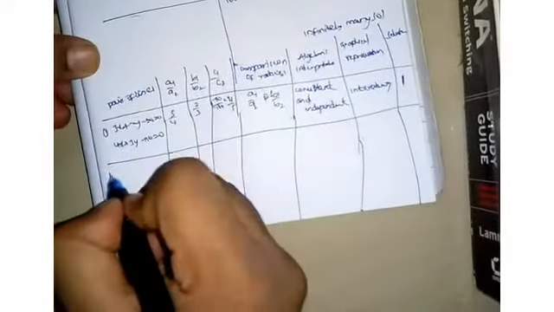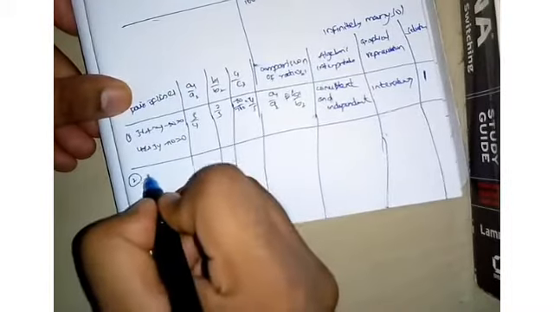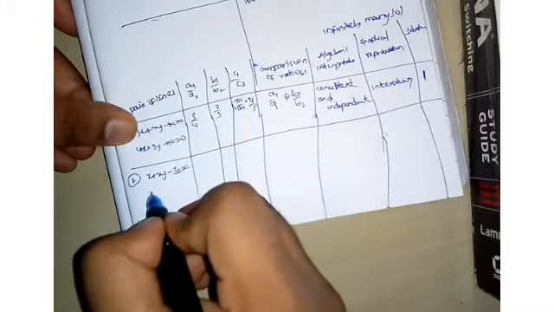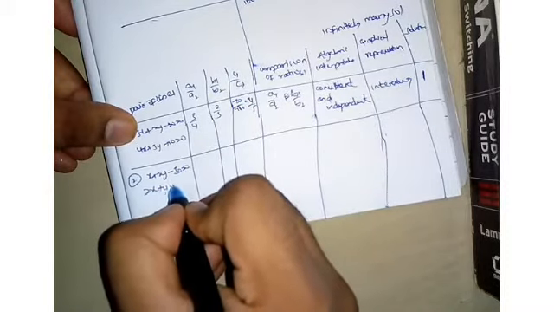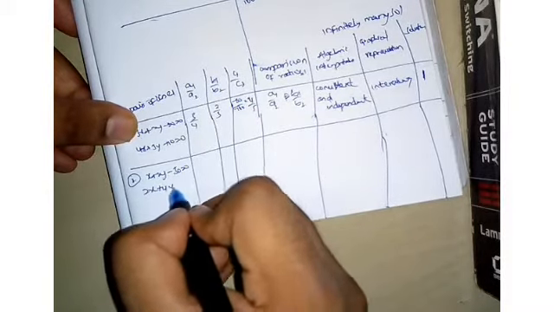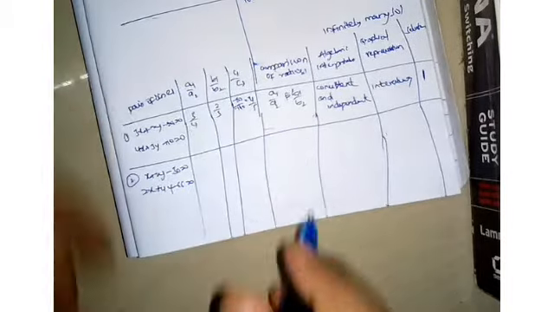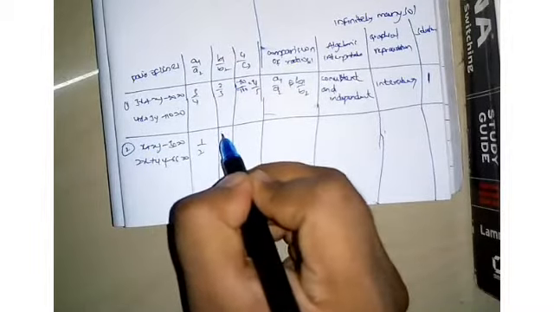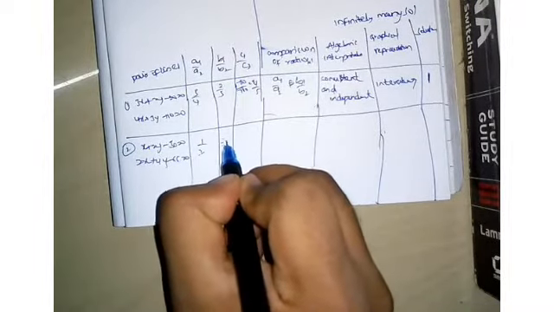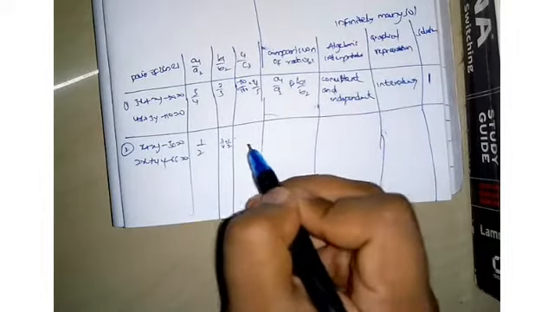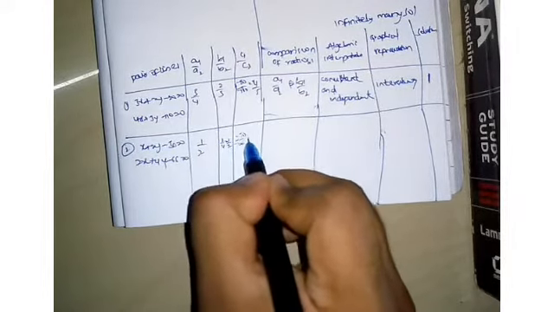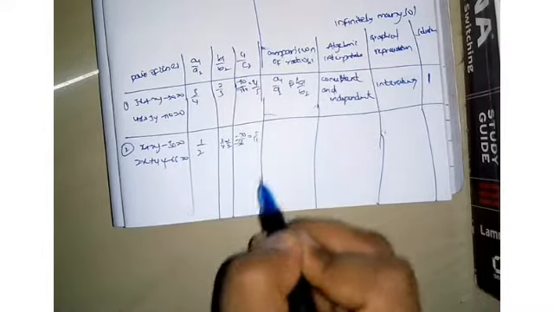So the second one is x plus 2y minus 30 is equal to 0, and 2x plus 4y minus 66 equal to 0. So here a1 by a2 is 1 by 2, b1 by b2 is 2 by 4, which is equal to 1 by 2, c1 by c2 is minus 30 by minus 66, it will be 5 by 11.